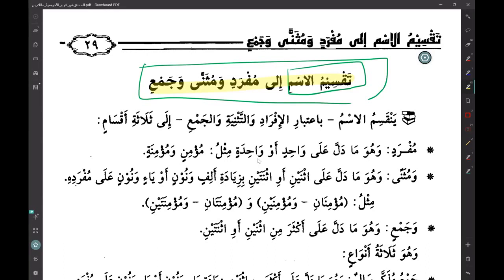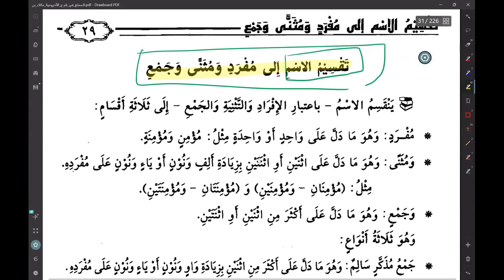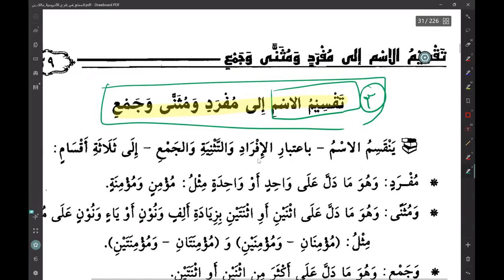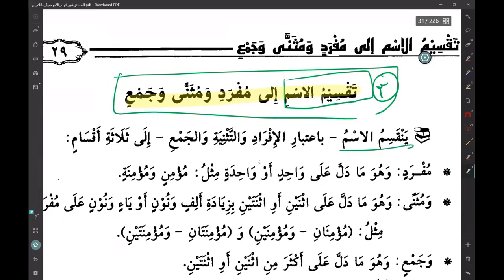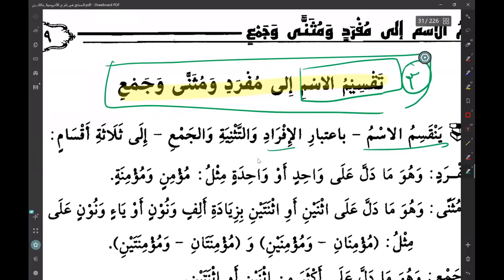So we'll be spending a few weeks on that. He says, باعتبار الإفراد والتثنية والجمع. So in تقسيم الاسم, dividing the noun, باعتبار means in terms of what? The singular, dual, and the plural.